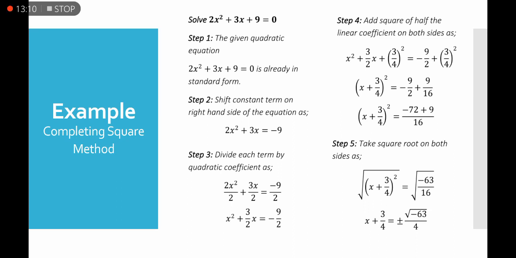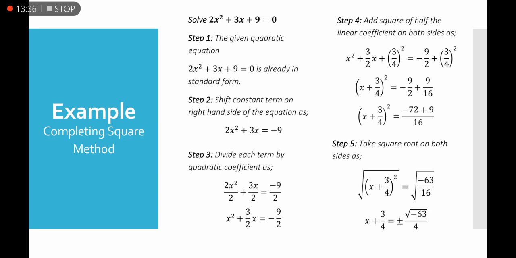Step 3. Divide each term by quadratic coefficient as 2x square divided by 2 plus 3x divided by 2 is equal to minus 9 divided by 2. That is equal to x square plus 3 by 2x equals minus 9 by 2.